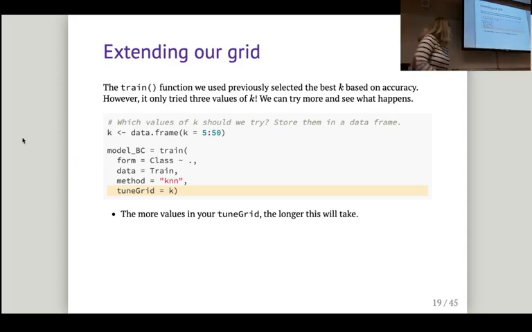There's a new argument in train called tuneGrid. Most of the models that we implement do have this argument somewhere. TuneGrid represents the parameters that you have the option or the ability to manually set yourself. The more values that are in your tuning grid, the longer this will take to run.